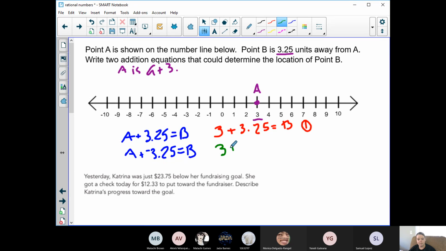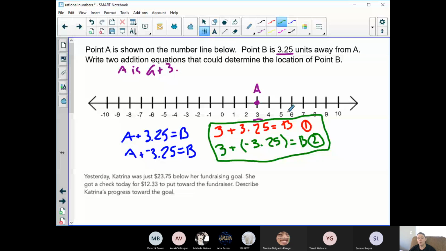So 3 plus negative 3.25 equals B. And those are my two equations, my two addition equations to determine where point B is located.